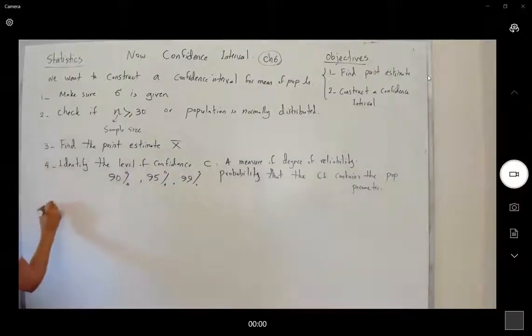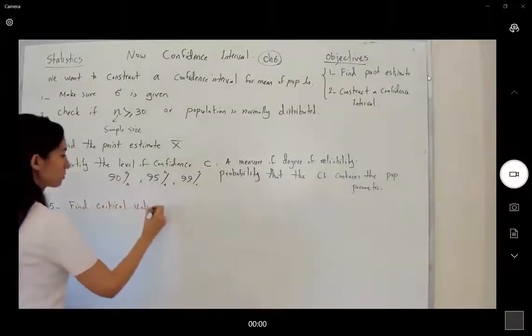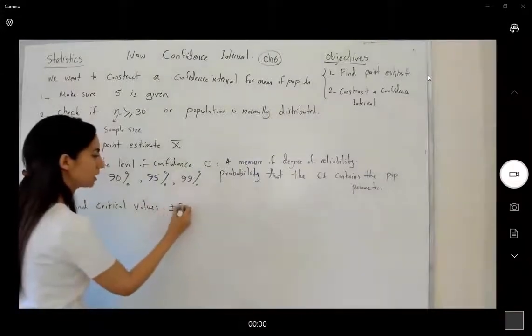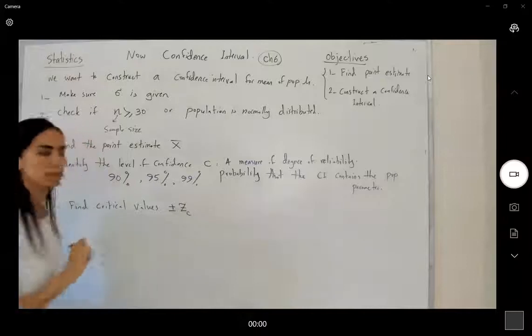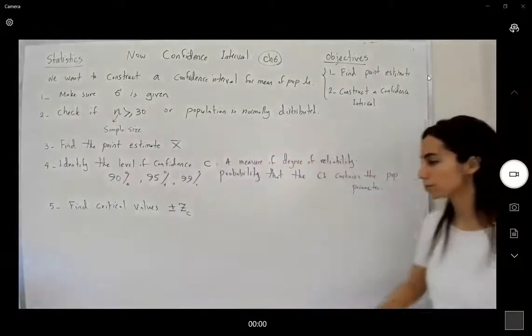Find critical values. We have two of them, plus and minus z sub c. So what are critical values?